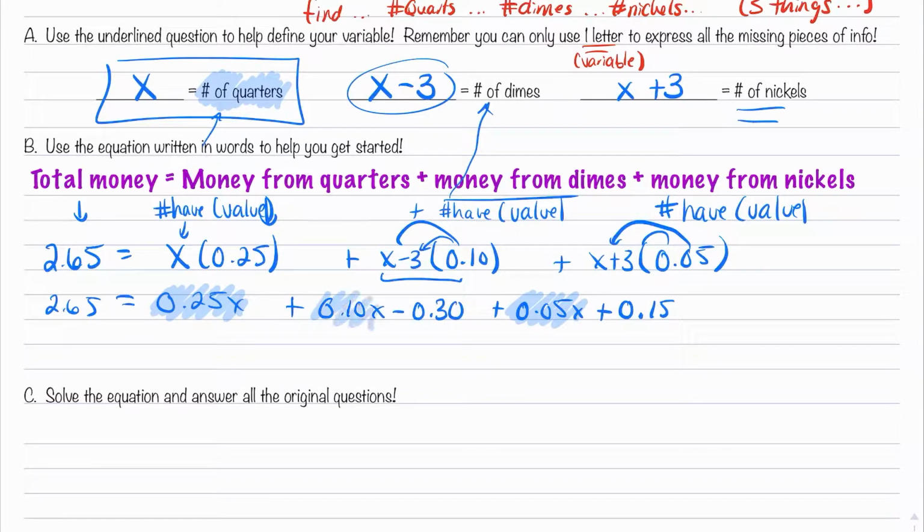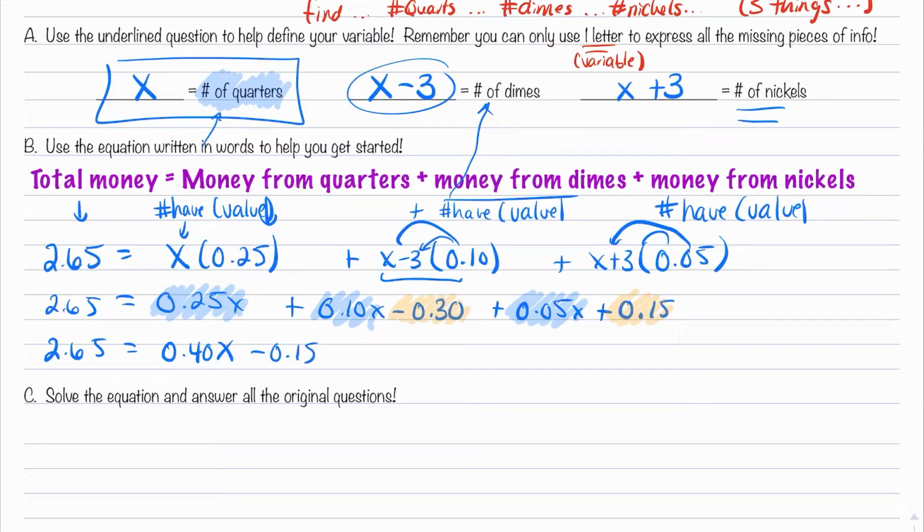So we have this many x's. And again, it's okay to go to your calculator and type in the coefficients to help you with their addition. So we know we have 2.65 is equal to, and when we add all these x's, it adds up to 0.4x. Then I'm going to combine these like terms as well, the negative 0.3 and that 0.15, and that simplifies to negative 0.15.